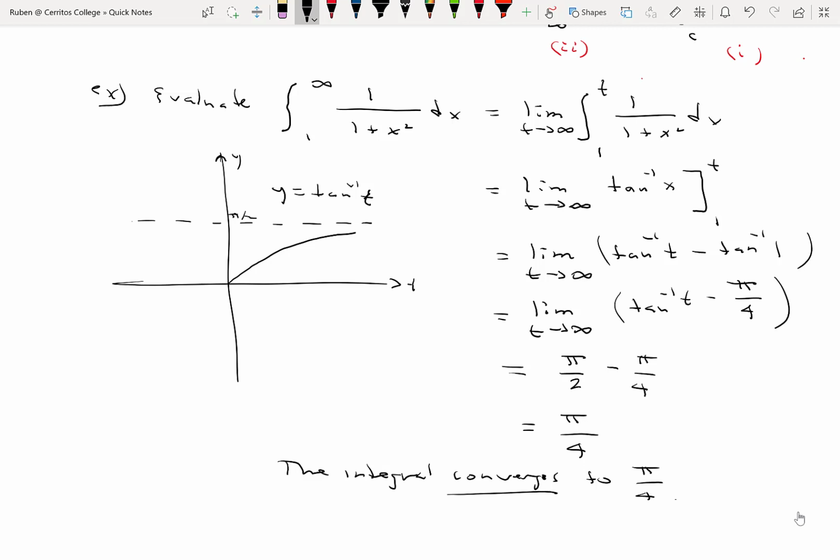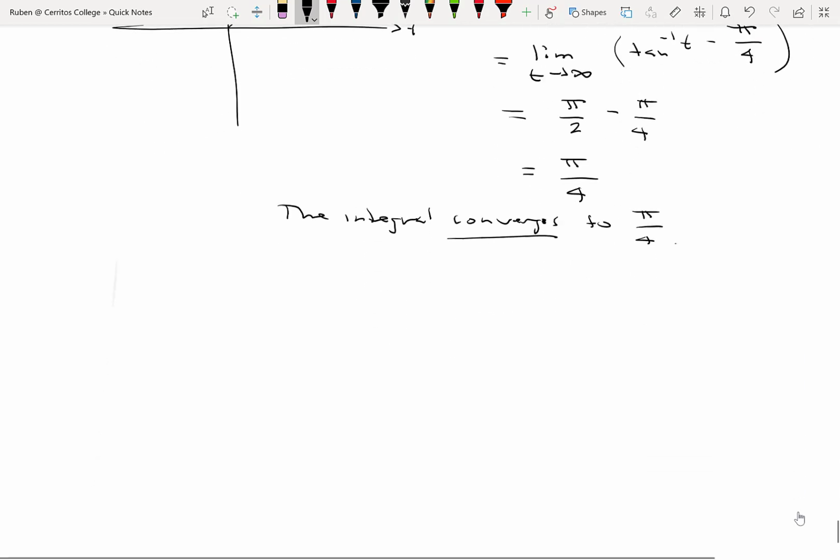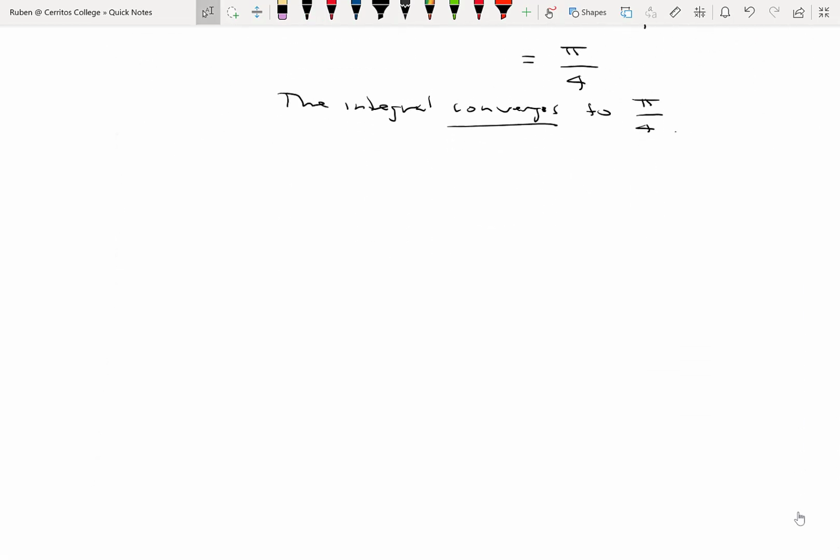Okay, so let's take a look at, and this is how I generally describe this integral, the most important integral for us for the rest of the semester. This integral is going to come back again and again and again when we talk about series. A little bit of background.